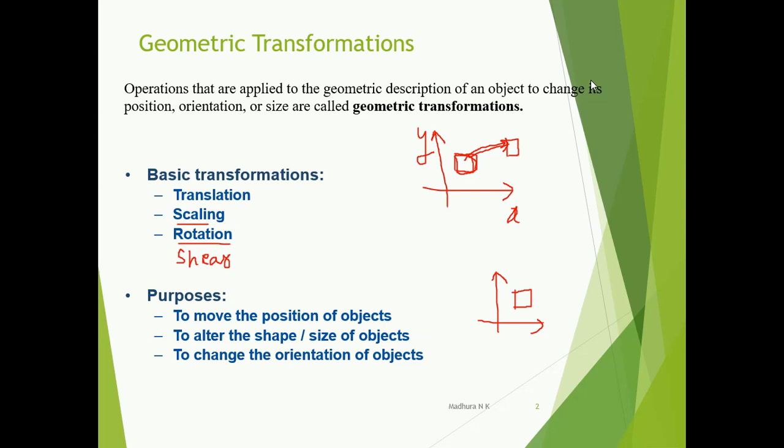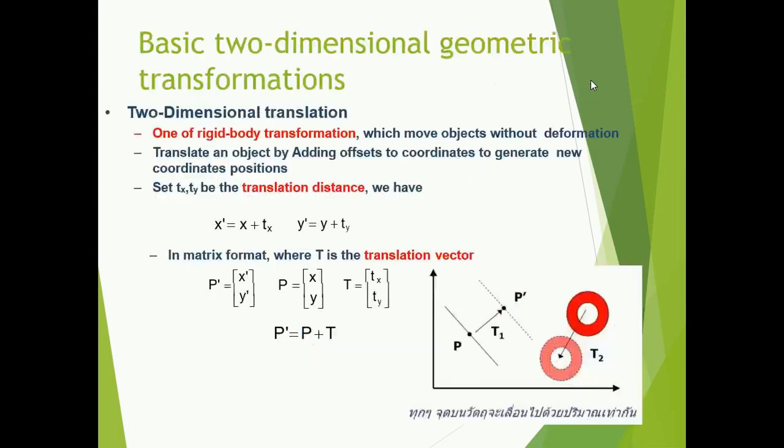That is another basic transformation. But let us discuss the three main basic transformations: translation, rotation and scaling. All these are the geometric transformation functions that are available in graphics packages.